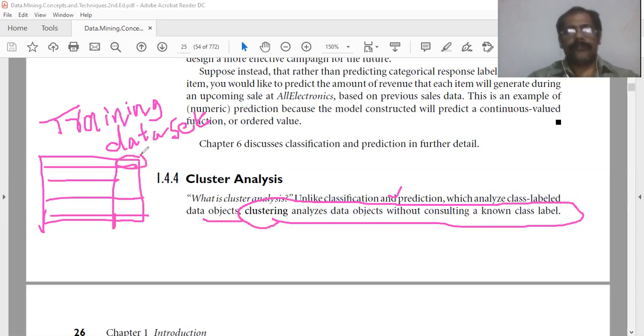In the case of cluster analysis, the given training data doesn't have the field class label. So, without knowing the class labels of a set of data objects, we need to group the objects in the training data set into different groups. These groups are known as clusters.